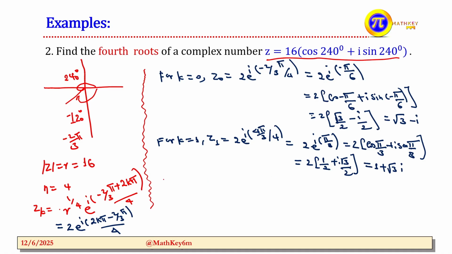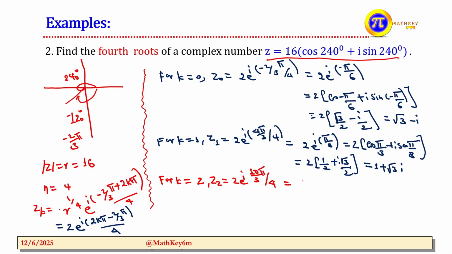Similarly, for k is equal to 2, since k runs 0 to 3, z2 is equal to 2 times e to the power of, that means 2 times 2 pi, that is 4 pi. 4 pi minus 2 over 3 pi means what? Since it is 4 times 3, 12, 12 minus 2, that is 10 over 3 pi, divided by the same, that is 4.